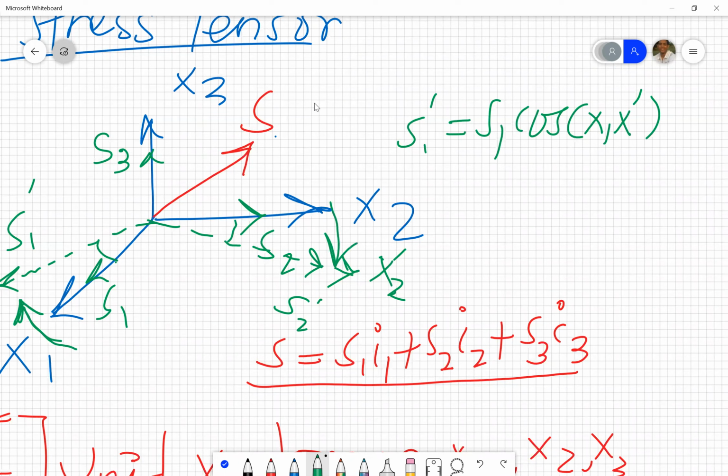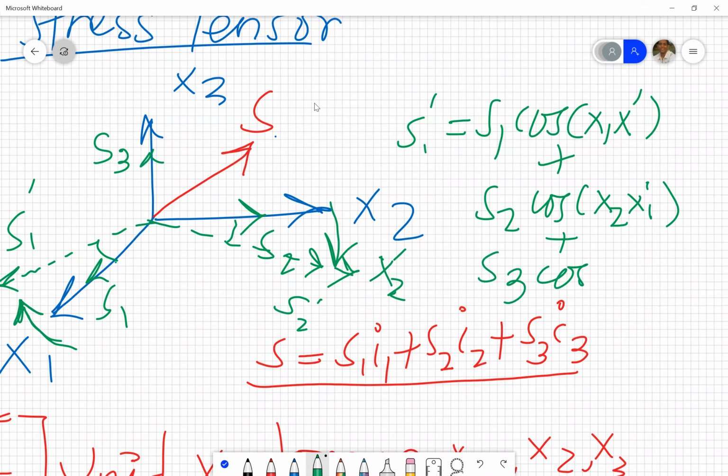Further, we will also calculate S2 cos(x2, x1 dash), the displacement by the x1 dash. Similarly, you can write S3 cos(x3, x1 dash). This is a simple mathematical calculation.